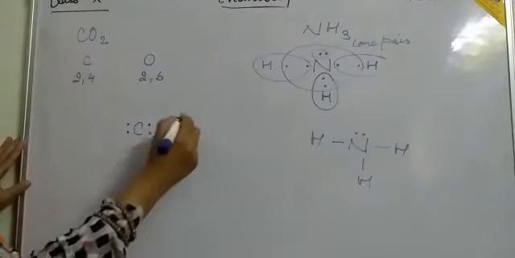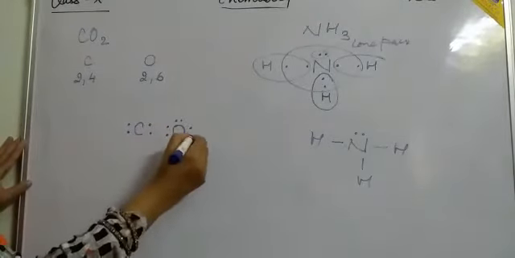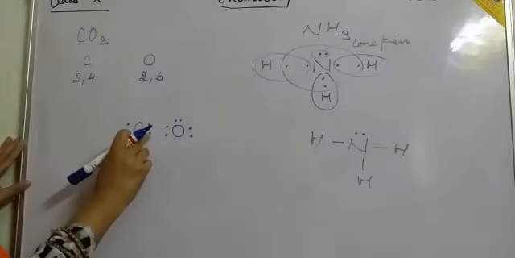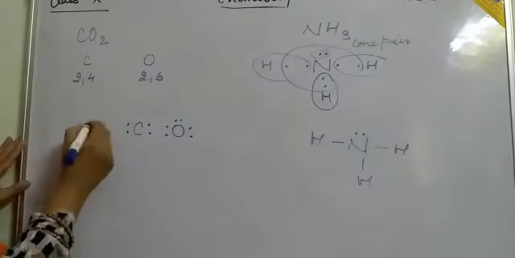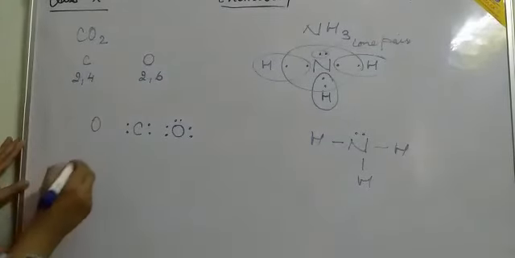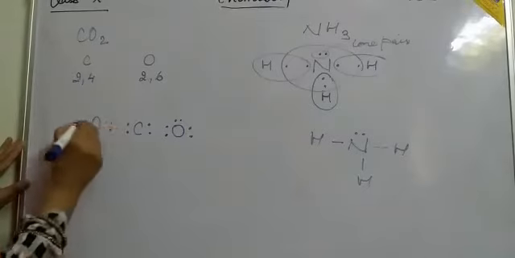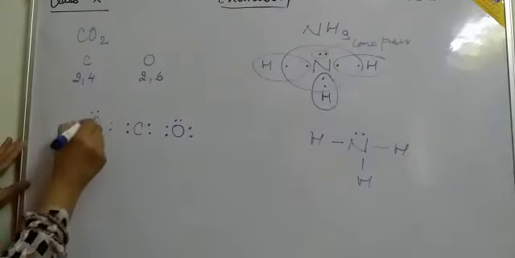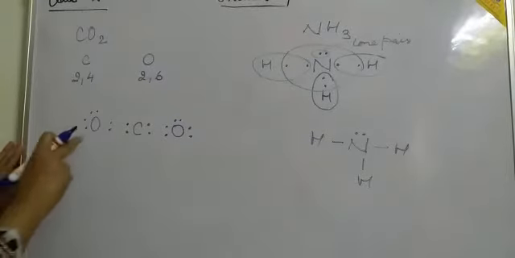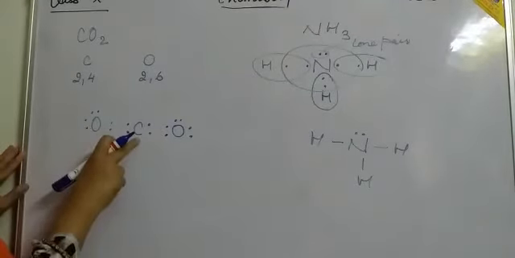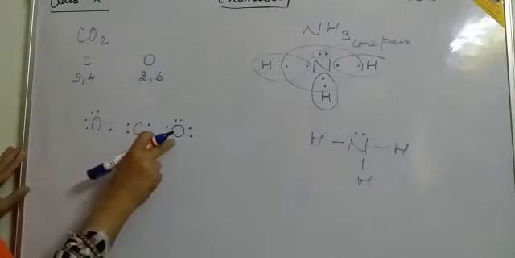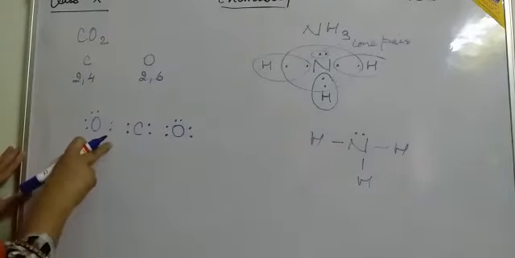So write 2 electrons here, and the rest is like this, 2, 4, 6. And for carbon it is 2 and 4. So write another oxygen like this, 2, 4, 6. Here, to complete its octet, carbon has to share its 4 electrons, one pair with this oxygen and another with this oxygen.